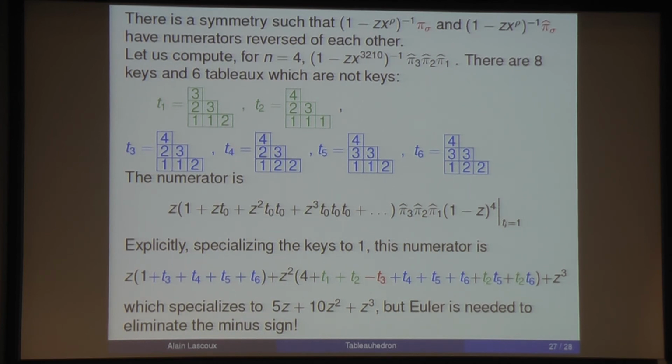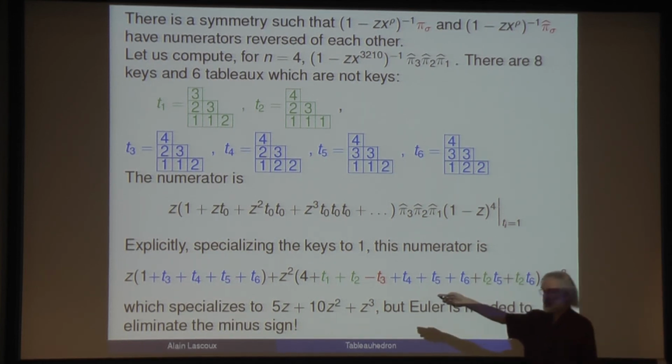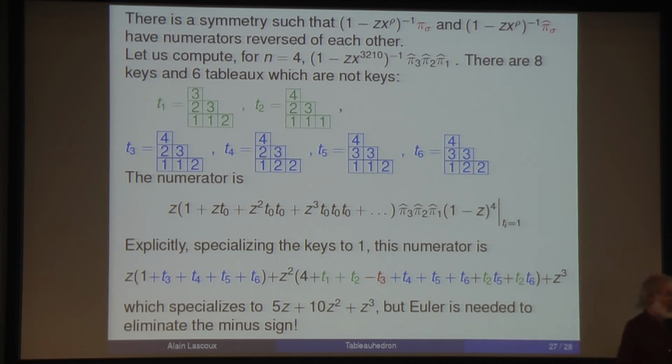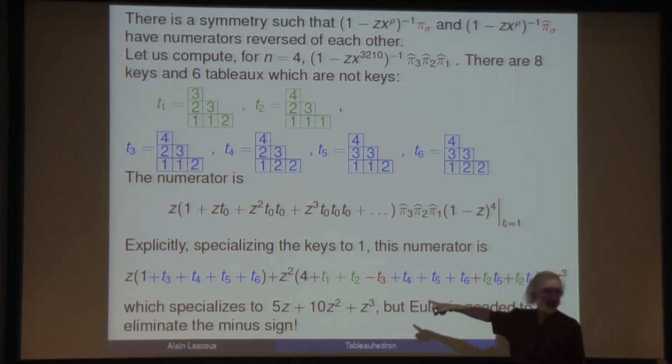Concretely, I didn't write the numerator. The numerator is 1 minus z power, which in that case would be 4. And if I look at the expansion of the numerator in terms of tableaus, I keep the tableau, and I get this sum, and you see there is a minus sign, minus c, t3.